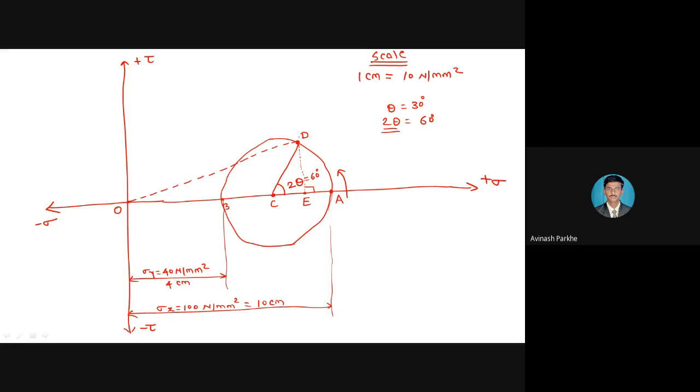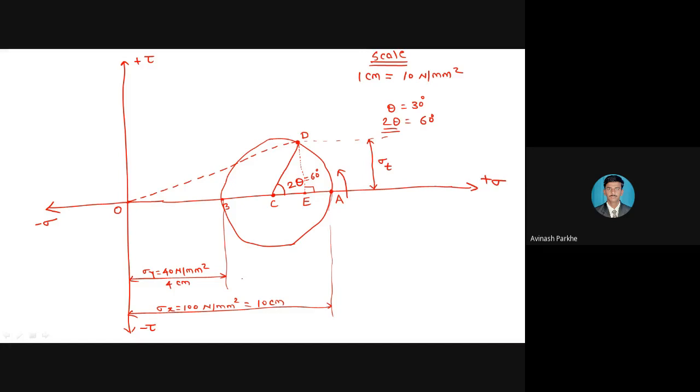Similarly, from that point D, I have drawn vertical line in the downward direction, and you will get the new point as a capital E. Now, whatever the ED distance you will get from point D up to the point E, this ED distance means your sigma T. What is the vertical distance you will get?